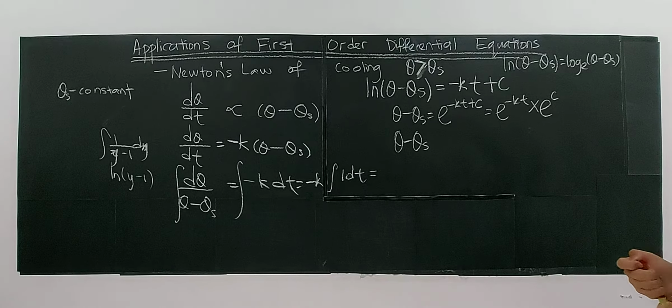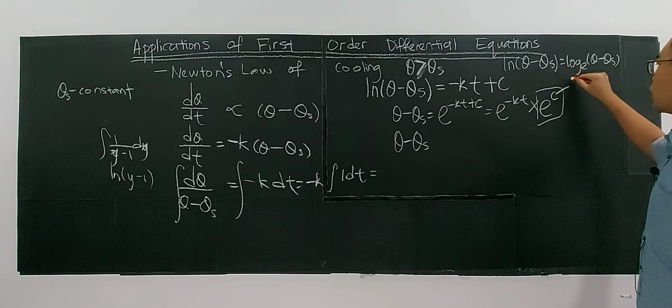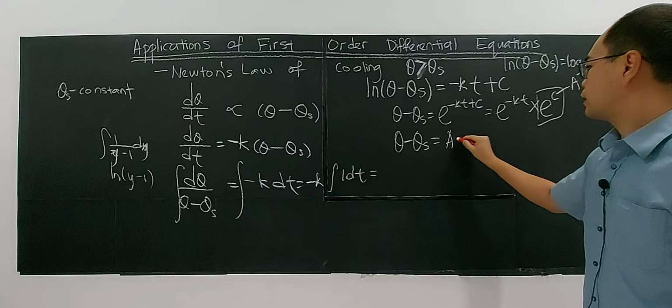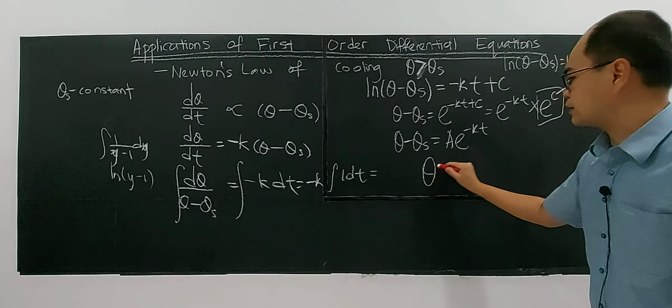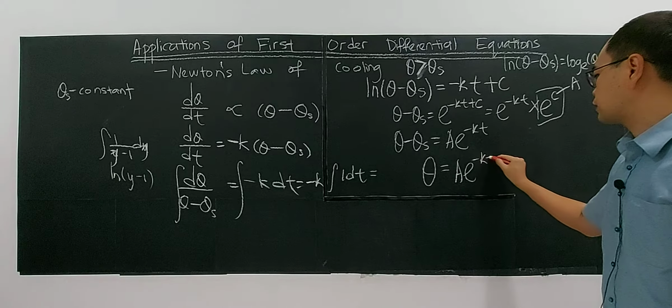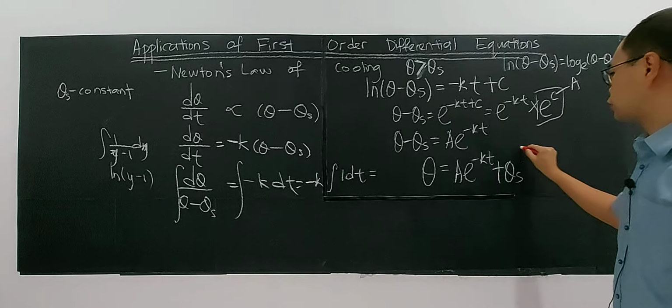So now I'm going to rewrite this as A, as this is also a constant. So it becomes A e negative kt. And finally, the formula for theta in terms of time. It depends on the time. It's A e negative kt plus the surrounding temperature.